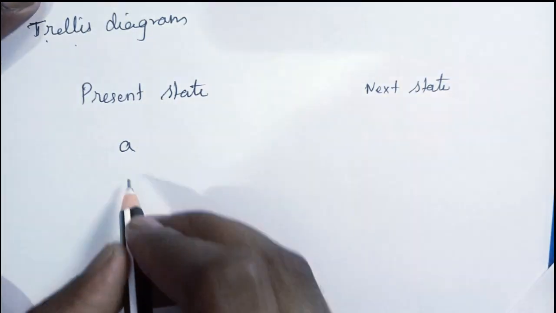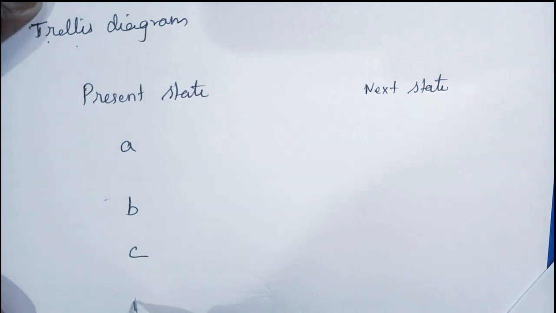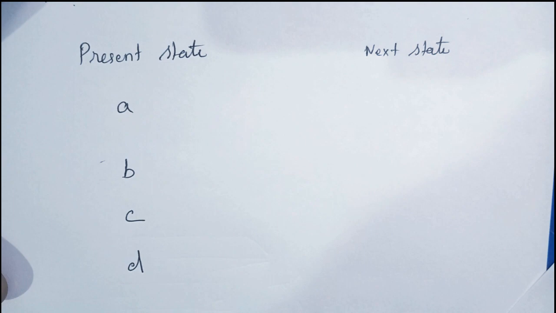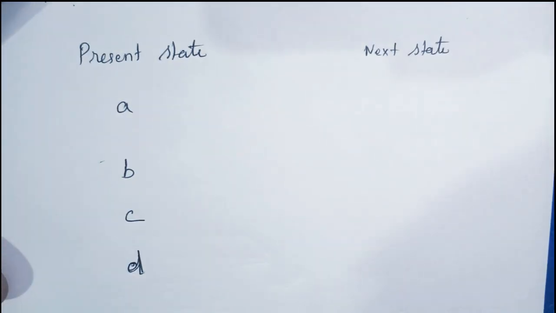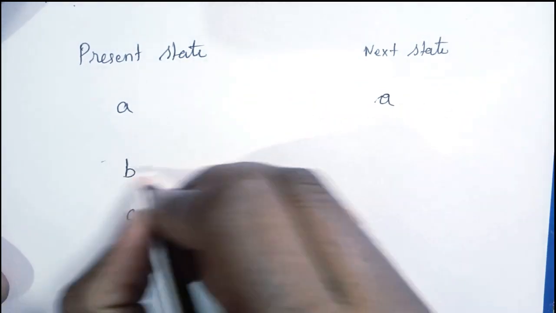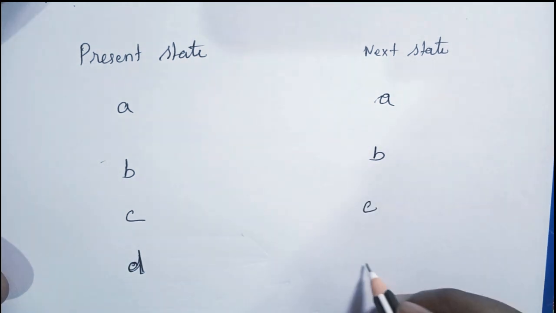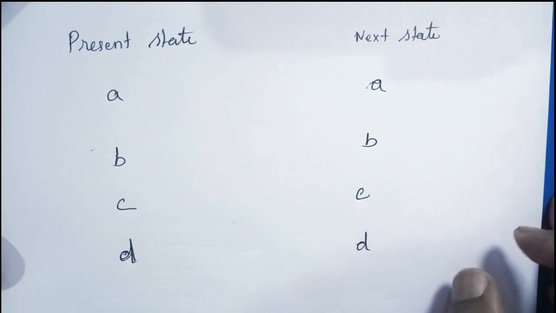A, B, C, and D. Even the output state, the next state, is also going to be among the four: A, B, C, and D. Okay, these are the four states.